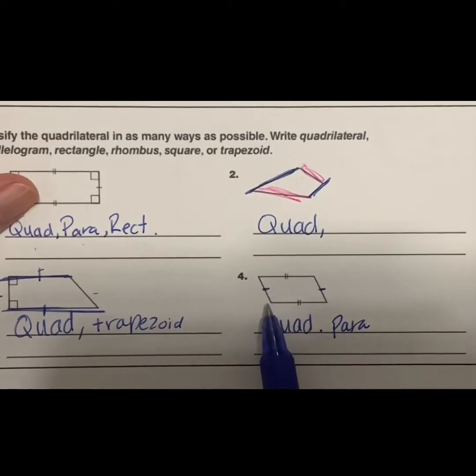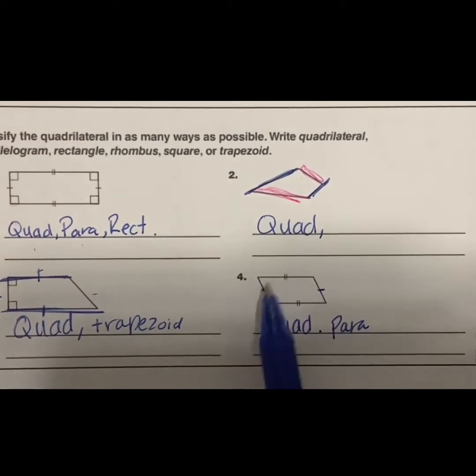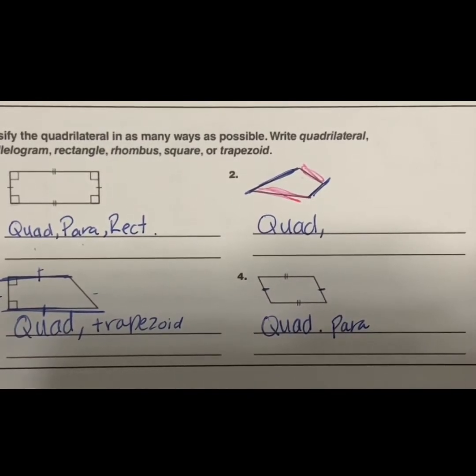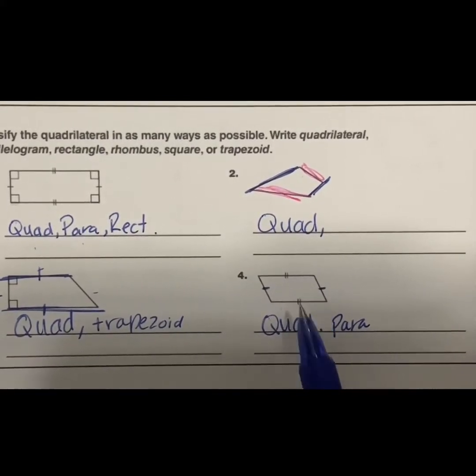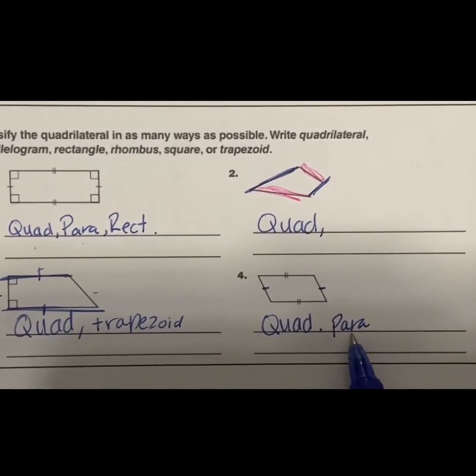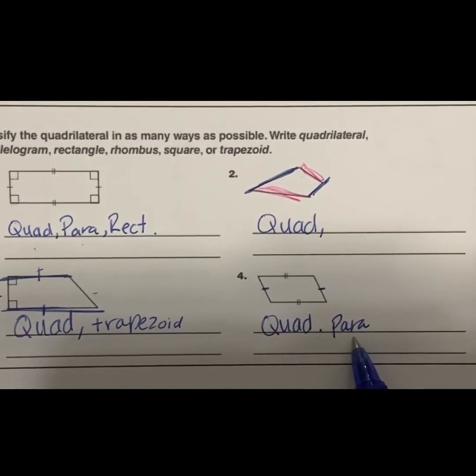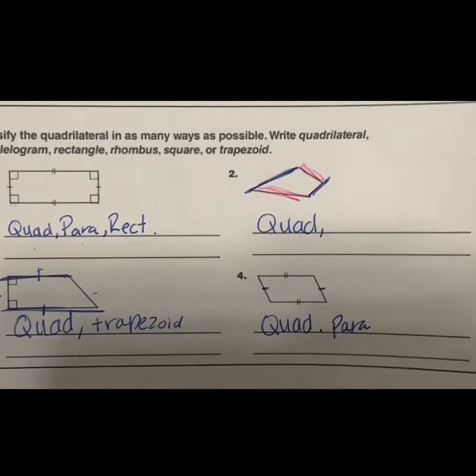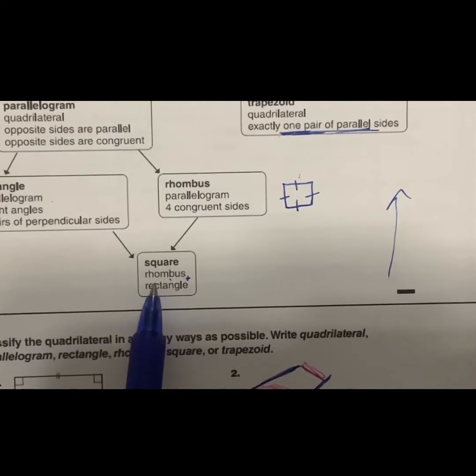They're not all equal. Only top and bottom are equal and side to side are equal. Therefore, it cannot be a rhombus. So this shape is just a trapezoid, a quadrilateral and a parallelogram. And it cannot be a square because it is neither a rhombus nor a rectangle. In order for it to be a square, it has to be both a rhombus and a rectangle.